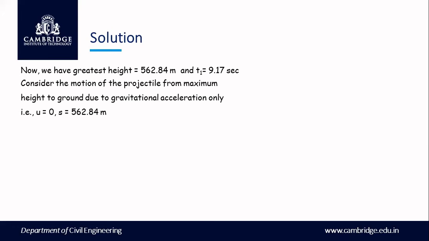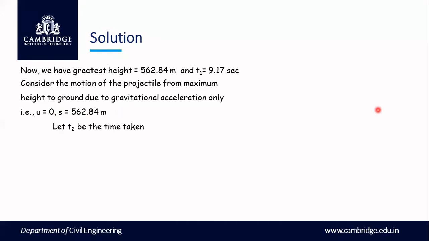We are going to consider the vertical direction, right? So in the vertical direction, the maximum height is 562.84, and there will be only horizontal velocity. There won't be any vertical velocity. It loses its vertical velocity, that's why it comes down. So I'll take it as 0, and the maximum height distance I'll take as 562.84 meter.